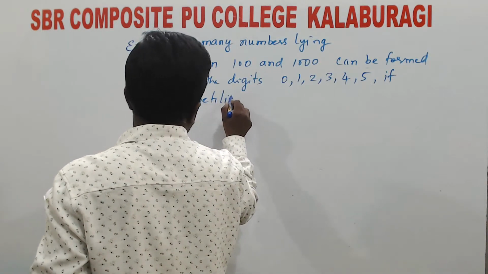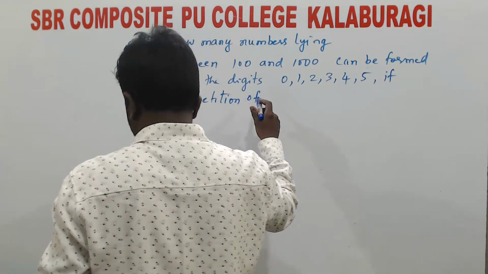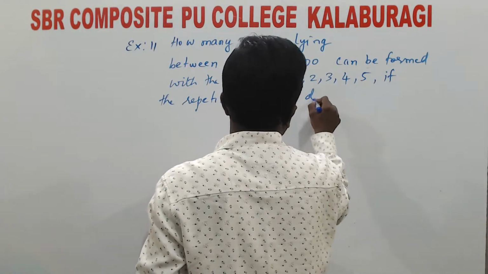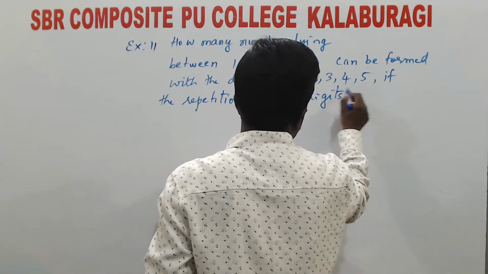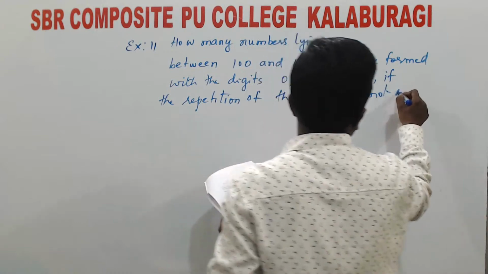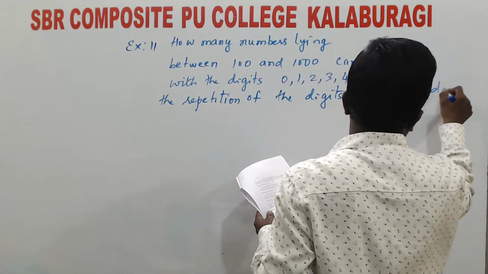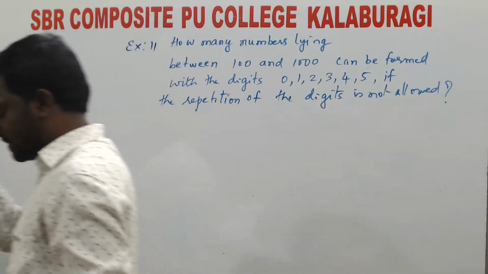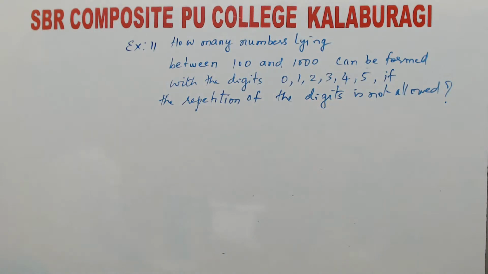if the repetition of digits is not allowed?